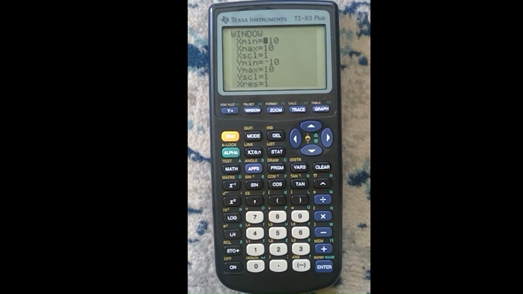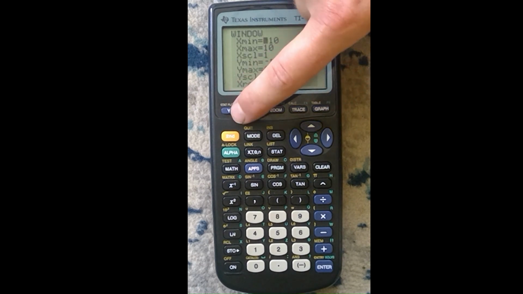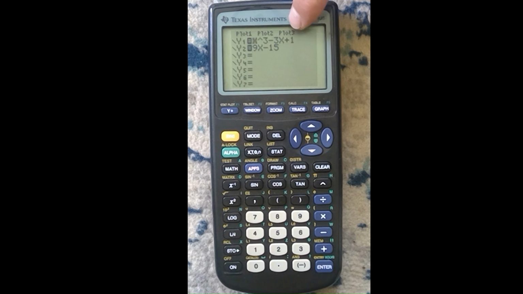Hitting the window button, this is where we can decide which portion of the coordinate plane we want to see. I just have our window going from negative 10 to 10 on both the x-axis and the y-axis. Okay, and I'm going to go ahead and hit graph, and let's see what happens here. So remember, what we want to see is we want to see these two lines intersecting at the specific point 2, 3.